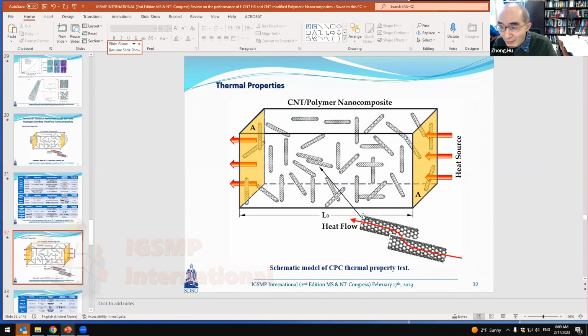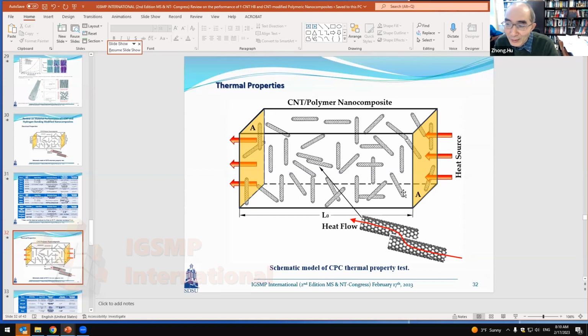It's similar. I use the same figure. You can imagine if we can overlap or connect multiple carbon nanotubes, they can form a phonon transfer path. We call it the heat flow. So you can improve the thermal conductivity.